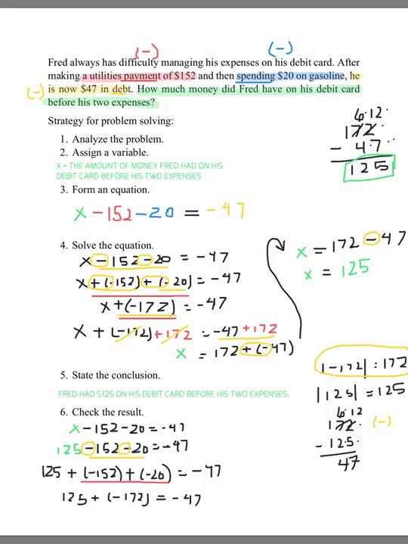So we're going to have to carry that negative sign through. So we end up with a negative 47 on the left and a negative 47 on the right. And we ask ourselves, are these two values equal? And they are indeed equal, so that's how we know our solution is correct.